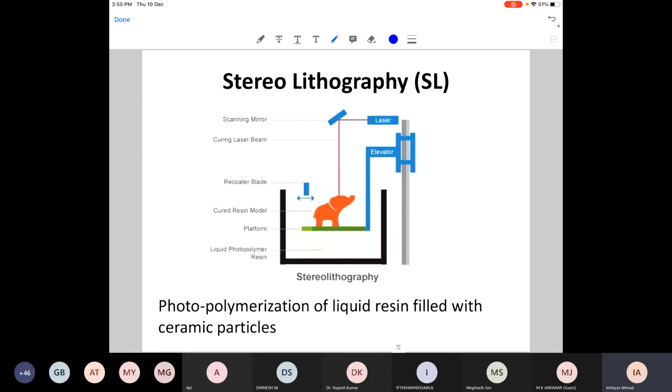Now, stereolithography is another technique, and in this case people use a UV laser. This is UV, not a very high power laser to really melt the material, but it is very much like that, except that you use only UV in here, and you add polymer, a resin, with the powder.